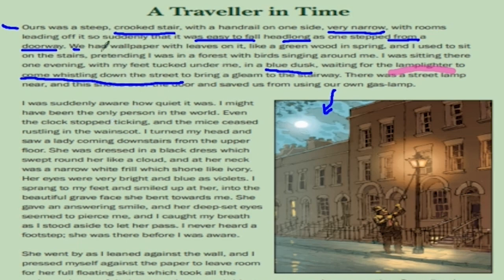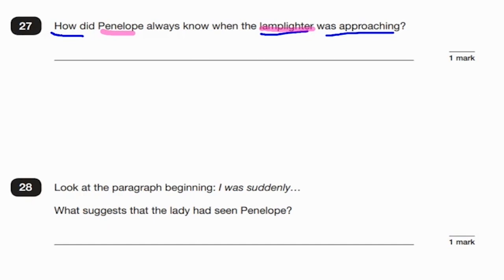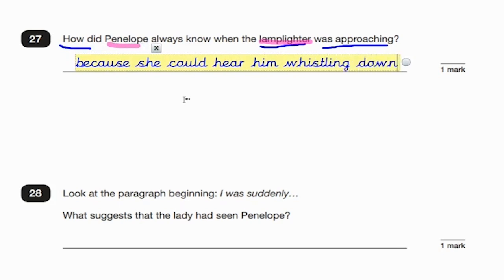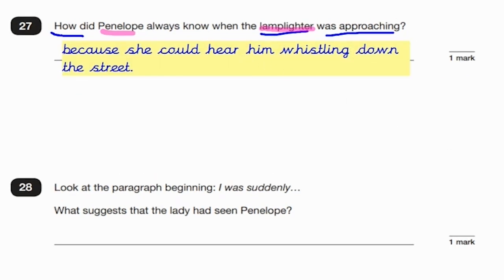Okay, and that's telling us that's how she knows that the lamplighter is coming, because every day he must whistle down the street as he's lighting up the lamps. So when writing the answer to this question, again, we can use the word because. We're giving a reason: because she could hear him whistling down the street. And that would be an answer for that 1 mark.